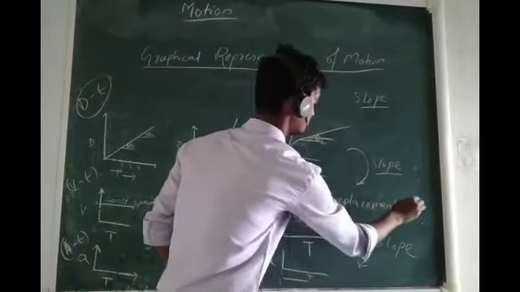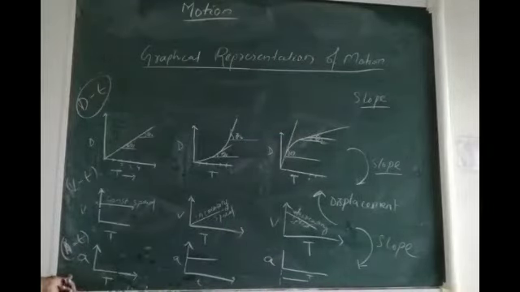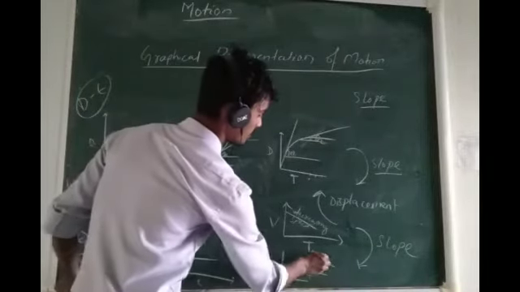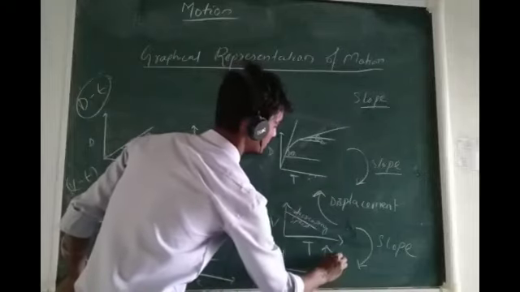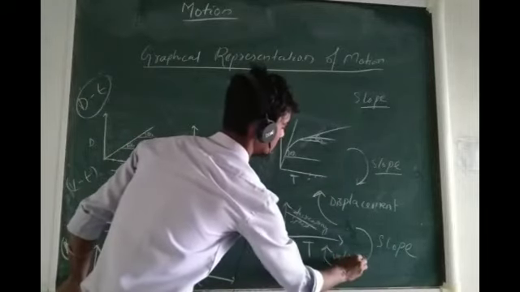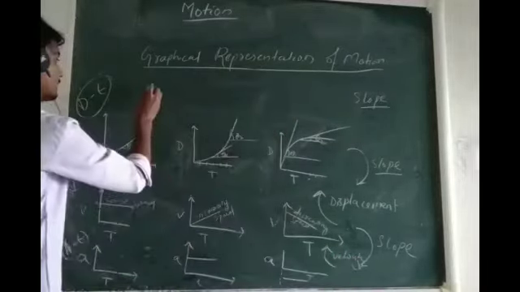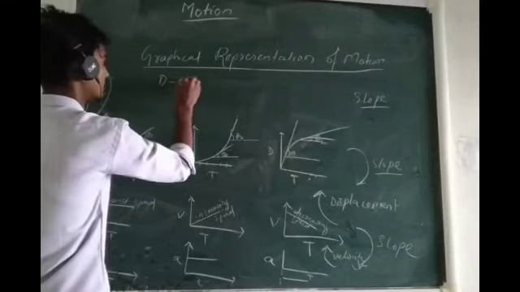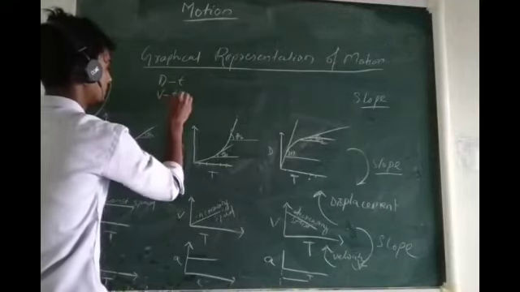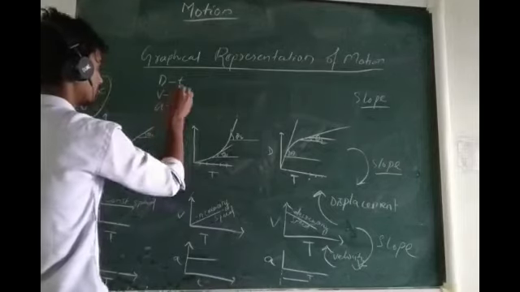And if it asks you to find out the area of an acceleration time graph, you will be getting velocity. So in short, we can write here: VT graph, AT graph.